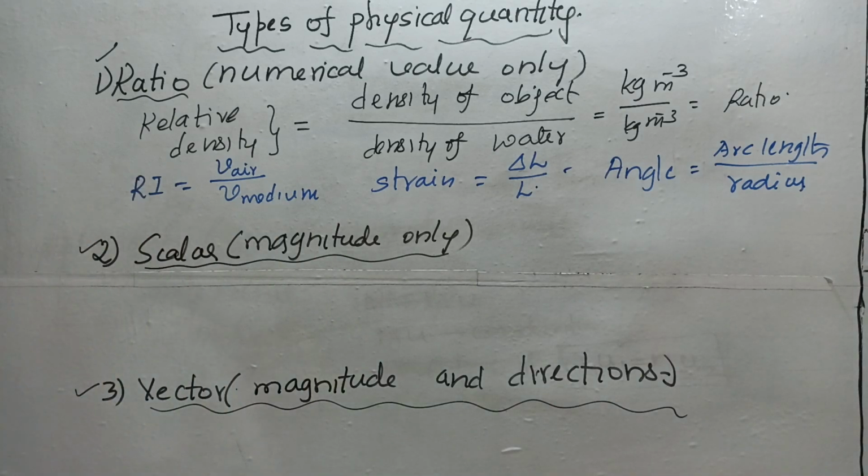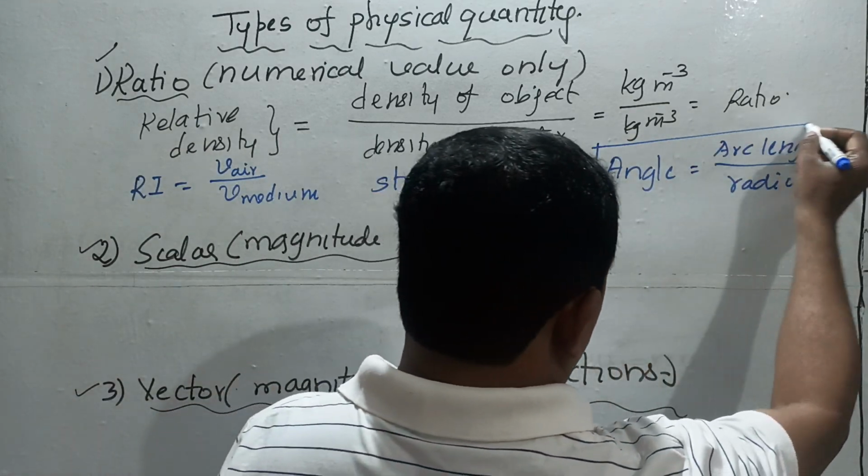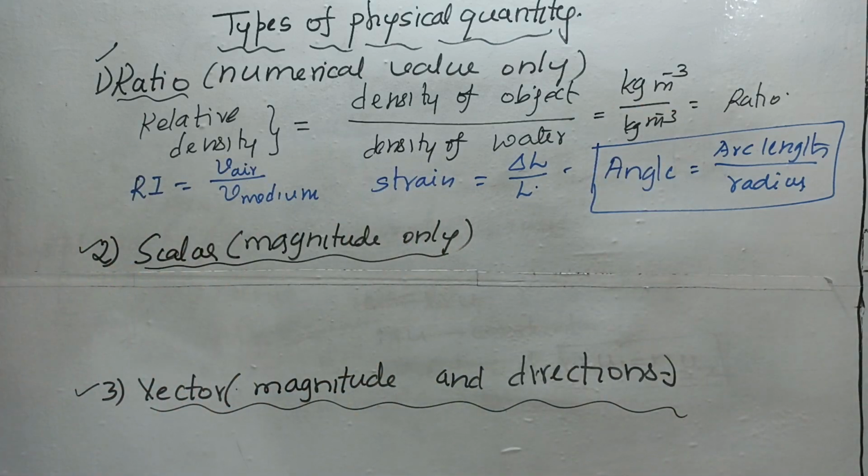Even though angle is the ratio of identical physical quantities, it has a unit; it is an exceptional case. So the ratio is otherwise only a numerical value. For example, relative density is the ratio of densities, refractive index is the ratio of velocities, strain is the ratio of lengths, and angle is arc length by radius. But angle is a special case here. Even though it is the ratio of identical physical quantities, it has a unit.